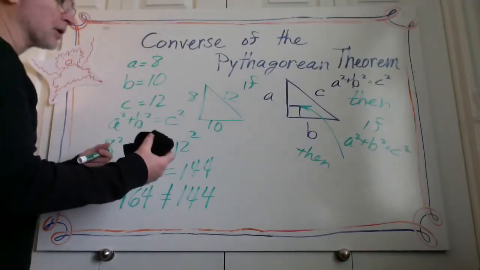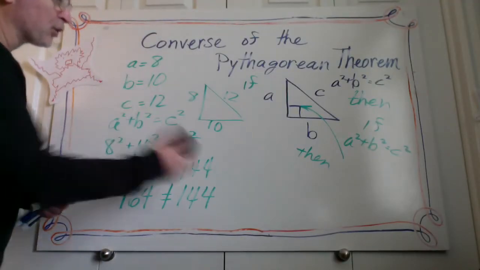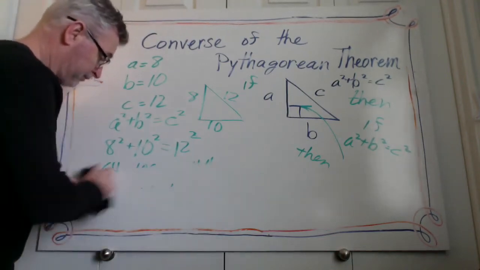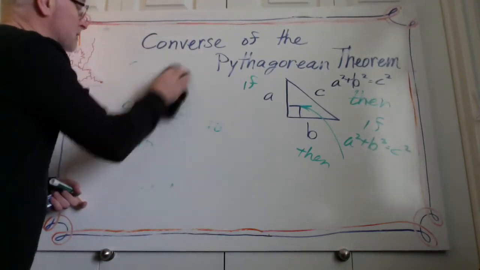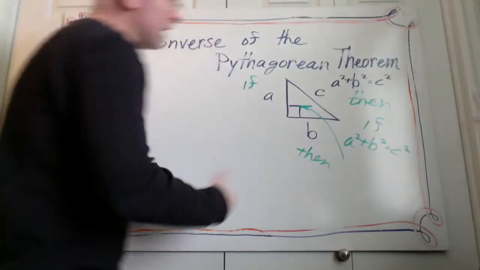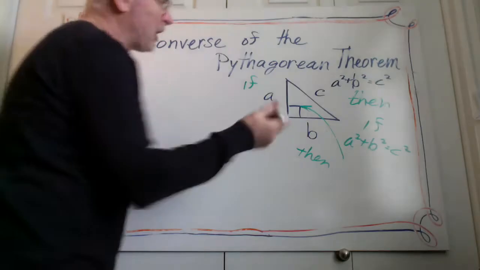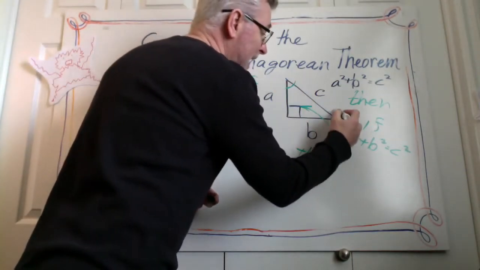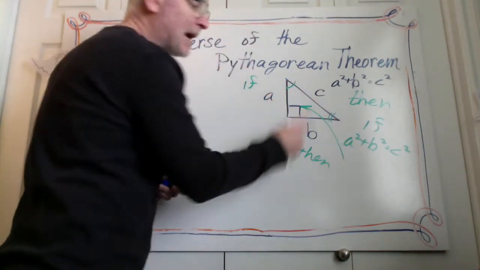If we can prove that it's a right triangle, I already know what's going on. For instance, one thing I know is that in every single right triangle, this angle over here and this angle total to be 90 degrees.